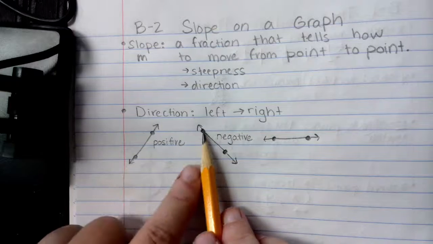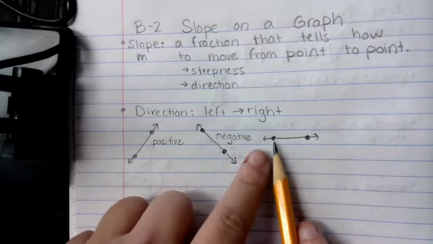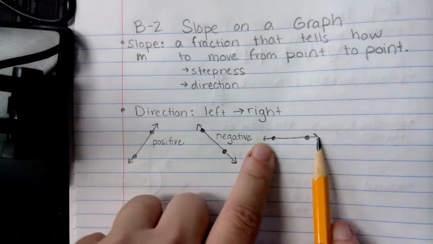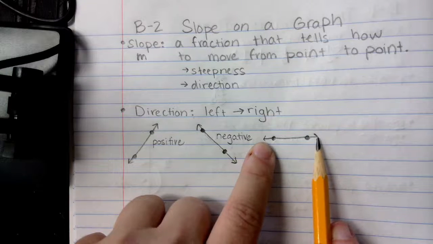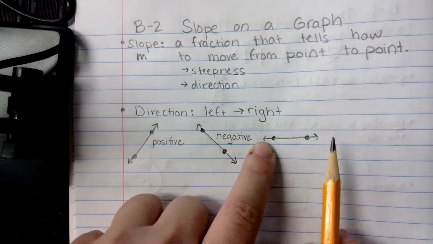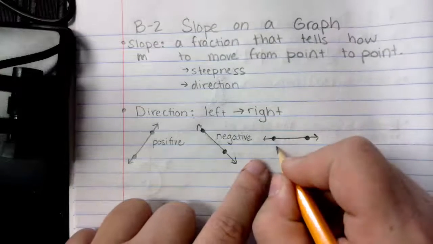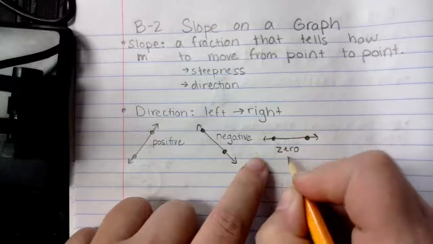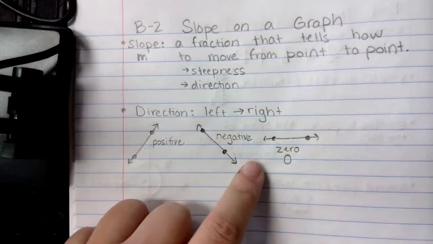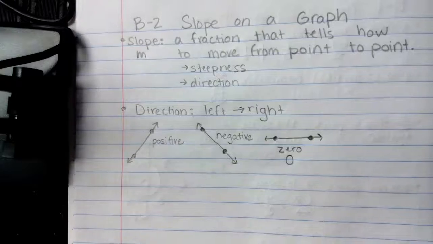This one, when I started on the left and went right, it went down, so it was negative. This time, if I start left and go right, where is it going? Nowhere. Is it changing up or down? No. So if there's no change up or down, what number represents no change? 0. And you can either spell out 0 or you can write a 0. Just sometimes if I write 0, I think it's an O. So I like to write the word zero sometimes.